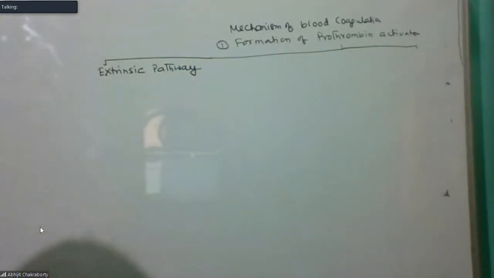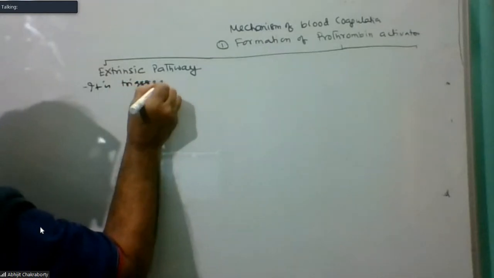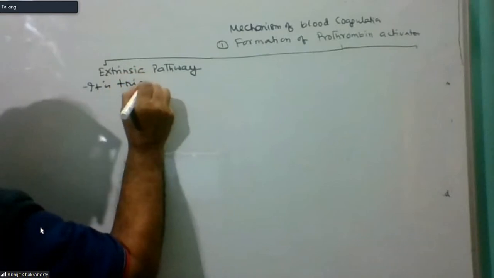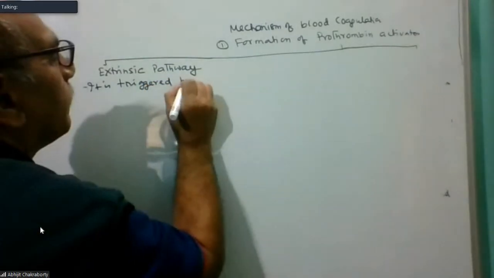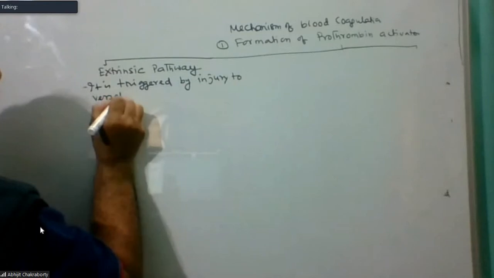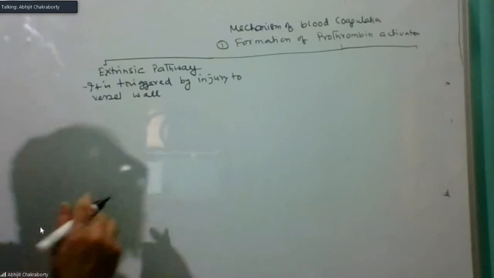Extrinsic pathway. This pathway is triggered by injury to the vessel wall. What happens here?